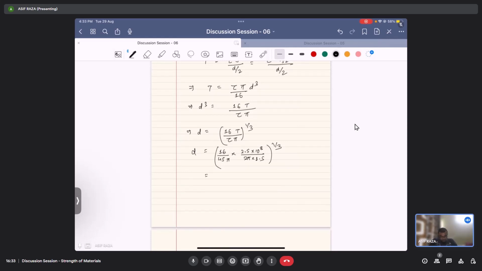Sixteen into 2.5 into 10 to the power 8 divided by 45 pi.